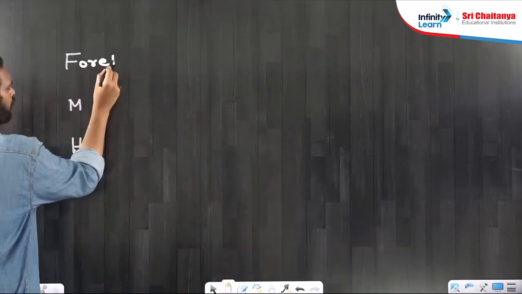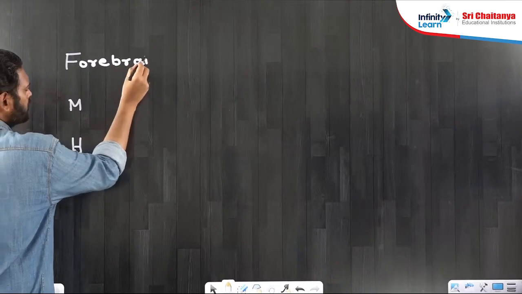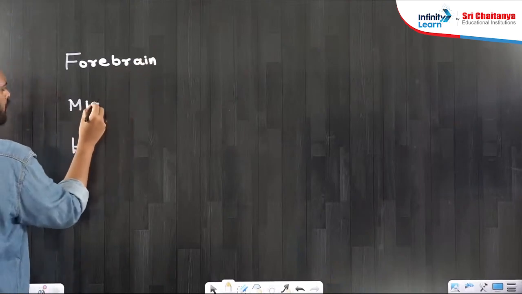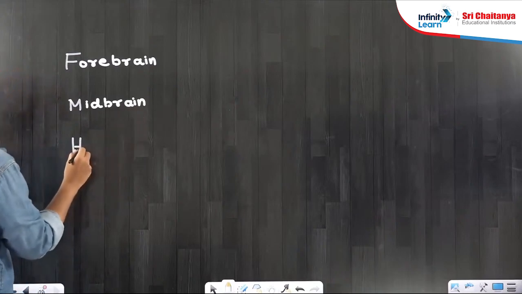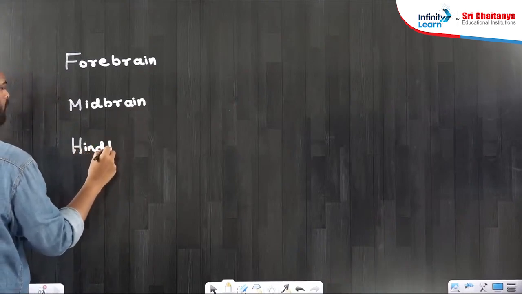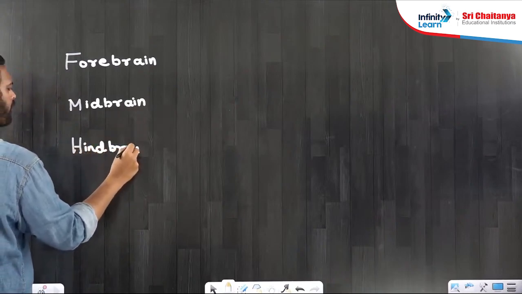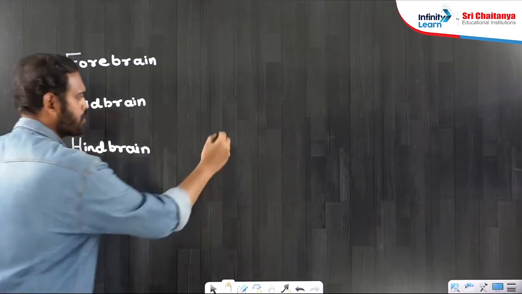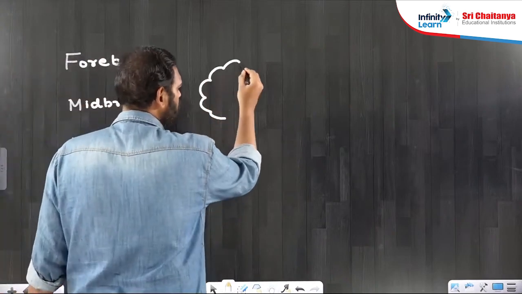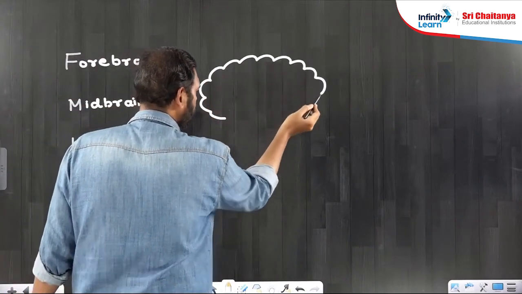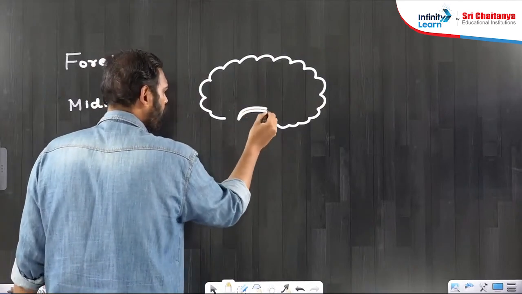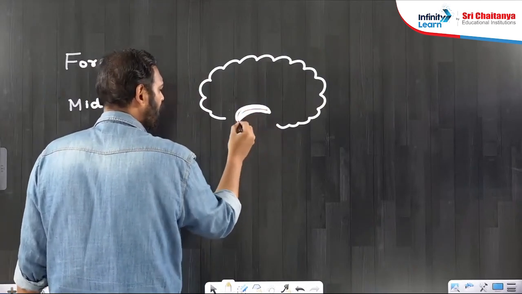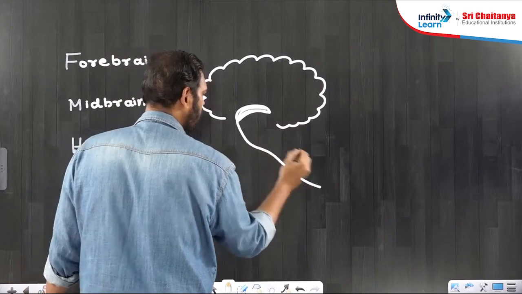Forebrain, the largest part, midbrain, the smallest part, and on the dorsal side it is hindbrain. Like this. Forebrain is here, midbrain, and then hindbrain.